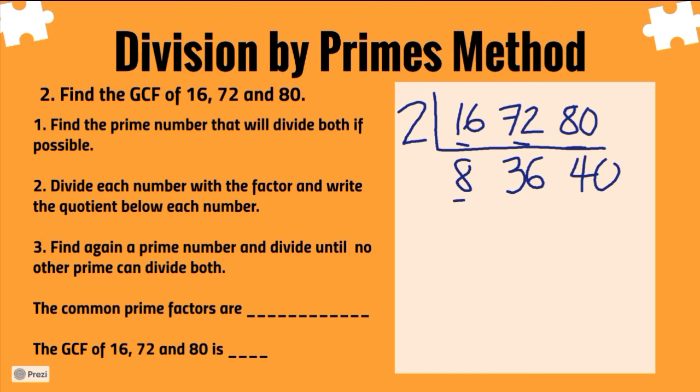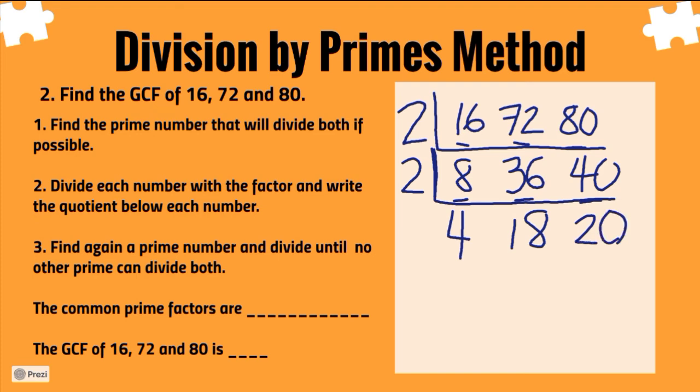Again, 8, 36, and 40 are even numbers. So, divide natin by 2. So, 8 divided by 2 is equal to 4. 36 divided by 2 is equal to 18. And 40 divided by 2 is equal to 20. So, even number pa rin. So, pwede pang hatiin o pwede pang i-divide by 2.